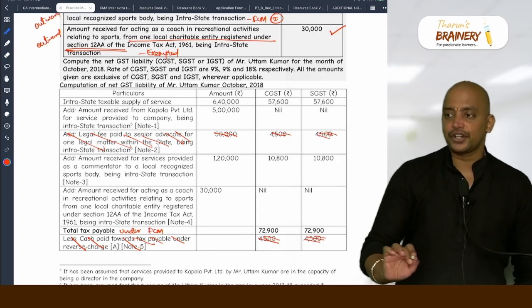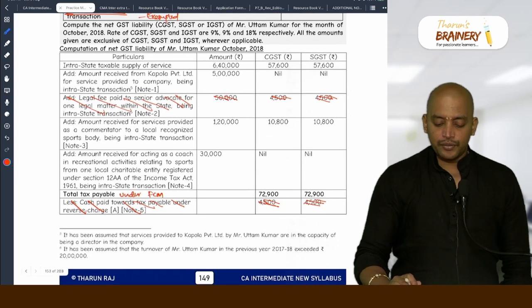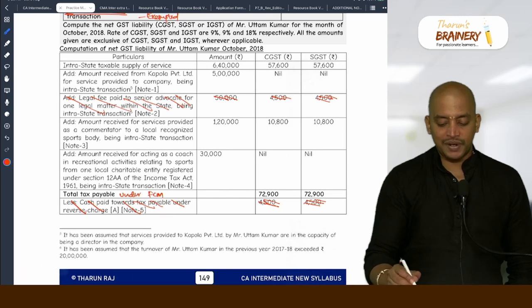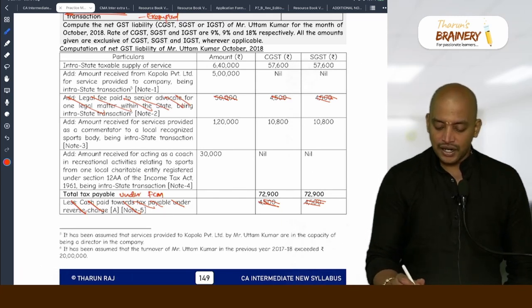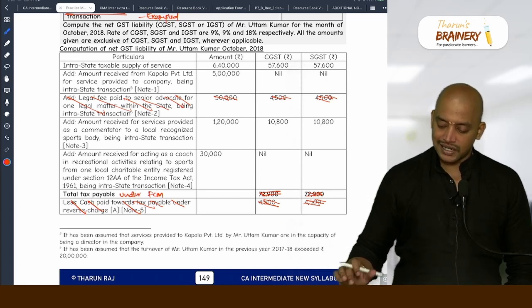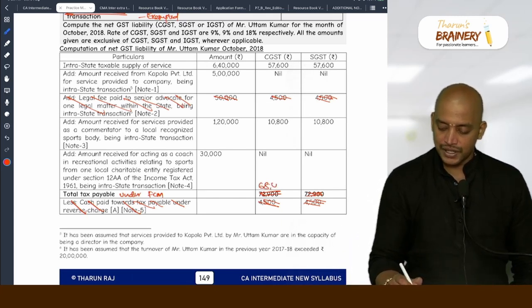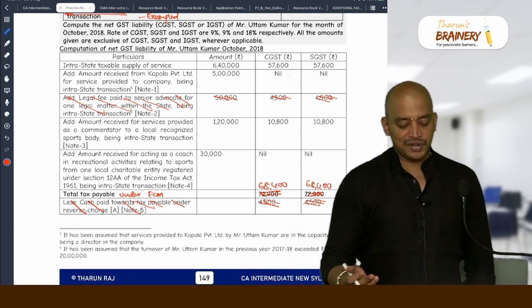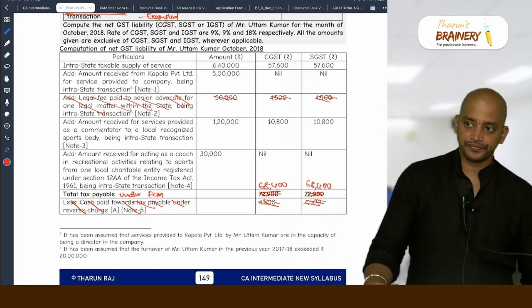RCM liability no need to add now. Then add the amount received for services provided as commentator, taxable, and acting as a coach. Now what is its total? 57,600 plus 10,800, that will be 68,400. So 68,400 will be the tax payable under FCM.